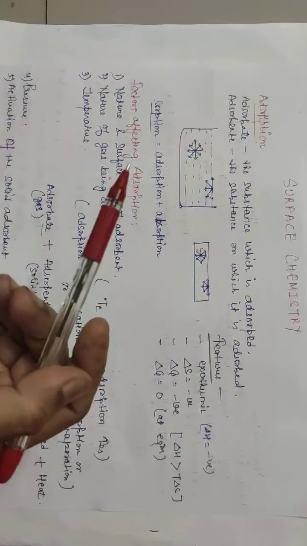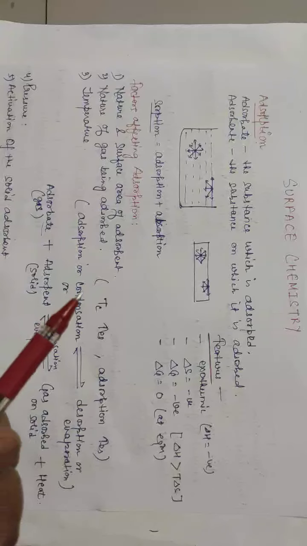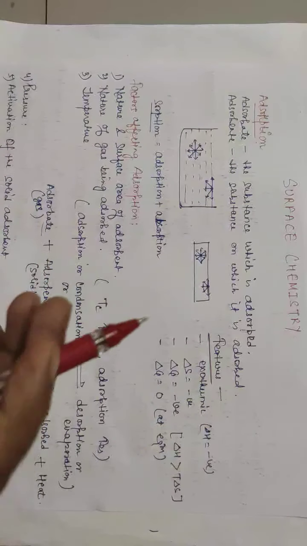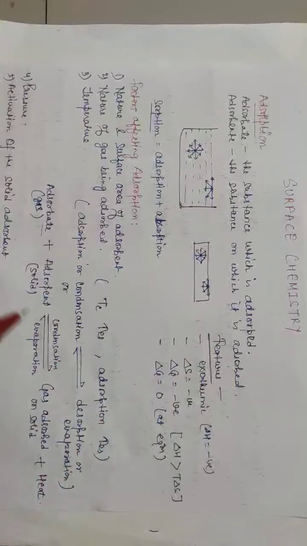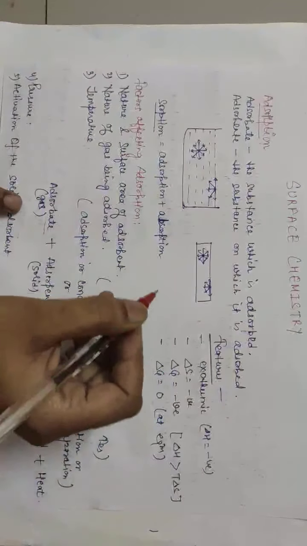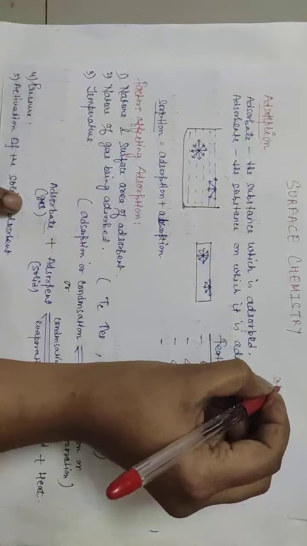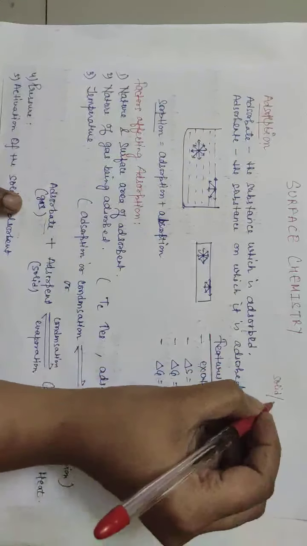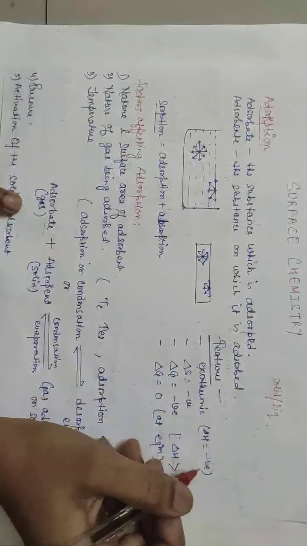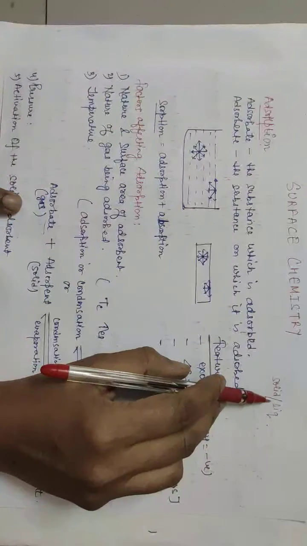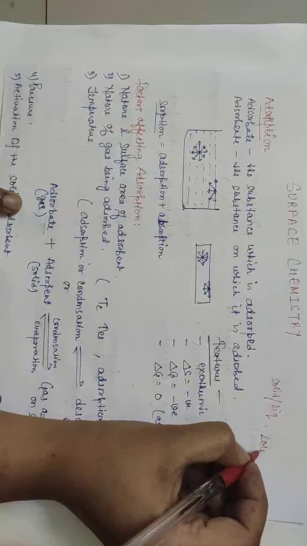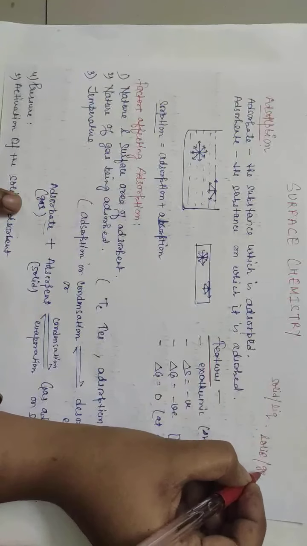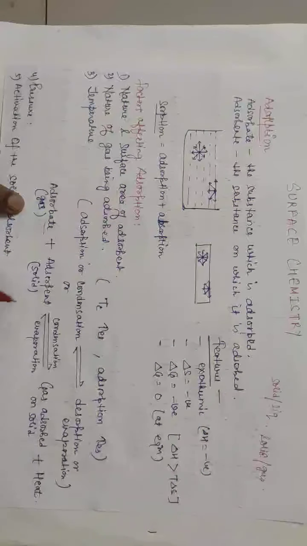Interface means the boundary separating the two bulk phases, that is solid-solid, solid-liquid, solid-gas. When you represent an interface, you will put a hyphen or slash between the two phases involved, like solid-liquid interface or solid-gas interface.